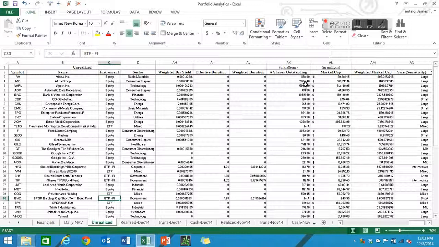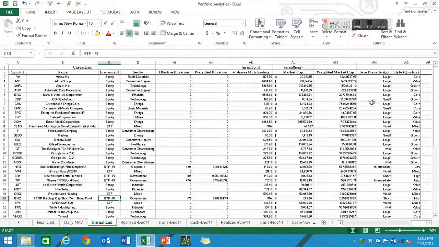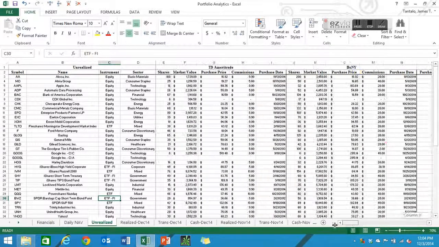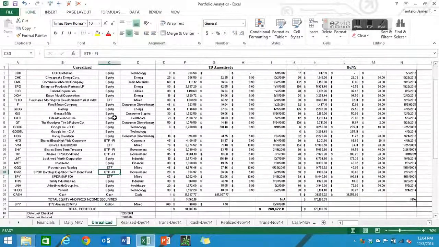So it's not how many they've been authorized to sell by the SEC, but how many they've actually sold. Market cap just takes our shares outstanding and multiplies it by our current market price. We weight that as well, and then we have style and size readings over here. We're going to get into this a lot more when we talk about our diversification spreadsheet.